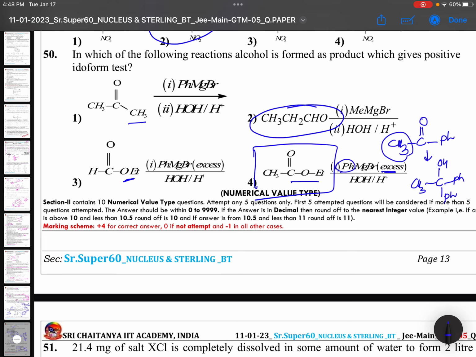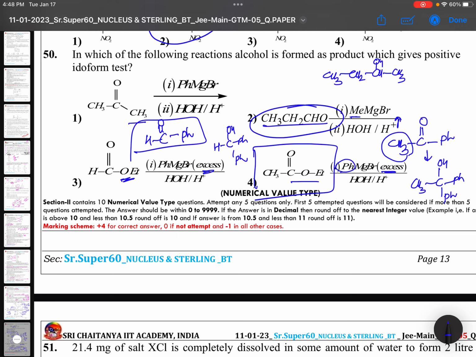But this can give iodoform. In this case, it will become HC double bond O, alcohol. It cannot give any iodoform test. Later, if you are using excess, it will become HCOH with two alcohol groups. So what he is actually asking here is, this can't give iodoform, but after methyl magnesium bromide it becomes CH3CH2CHOHCH3.